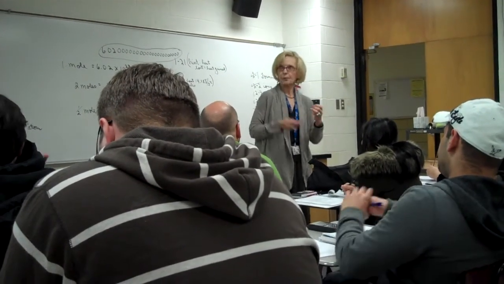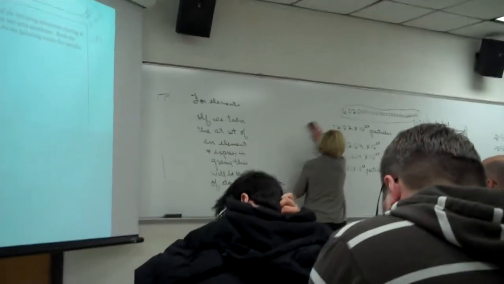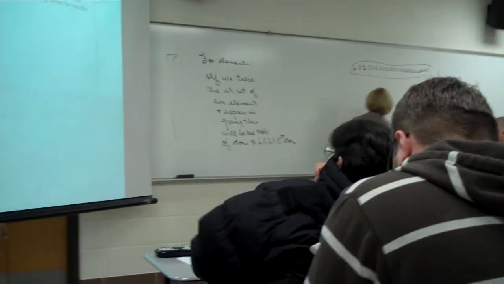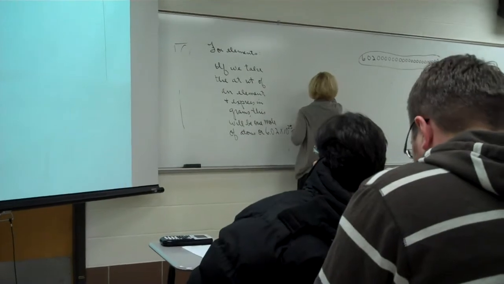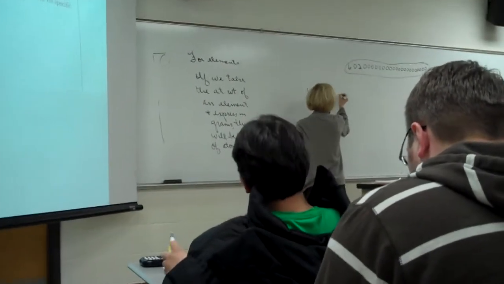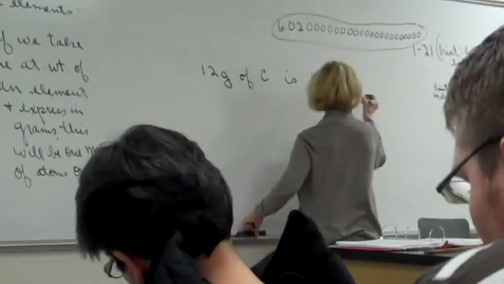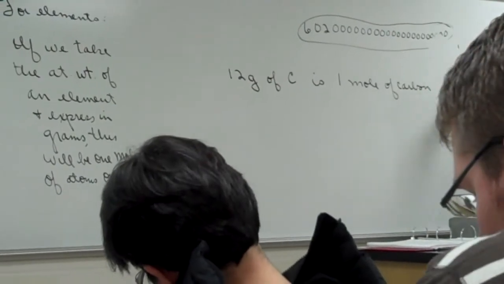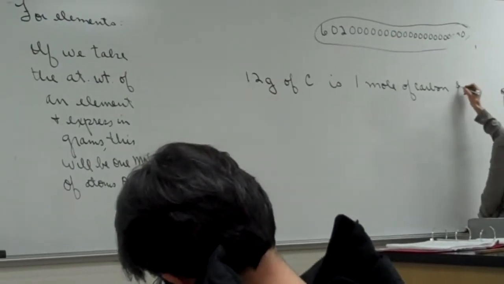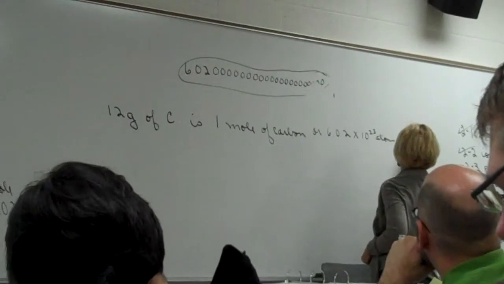Okay, now let's go through 2 and 3 of these. Okay, so taking this basic idea, 12 grams of carbon is 1 mole of carbon, or 6.02 times 10 to the 23rd atoms of carbon.